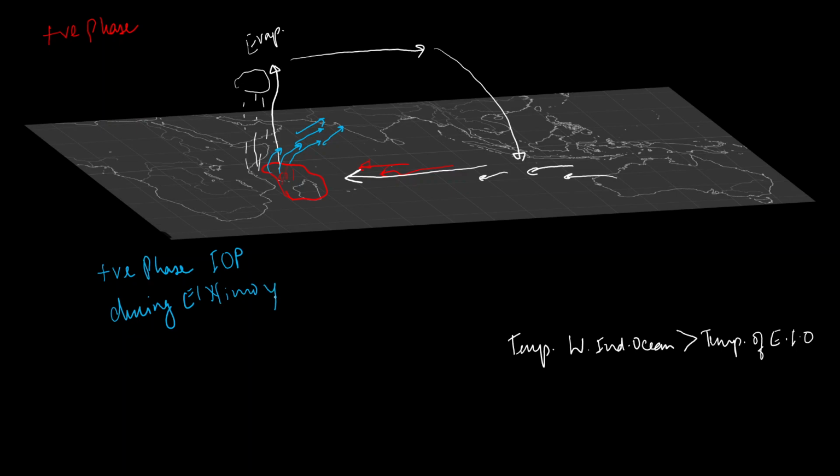an El Nino year, the positive phase of the Indian Ocean dipole during El Nino years helps to maintain the southwest monsoon rainfall.